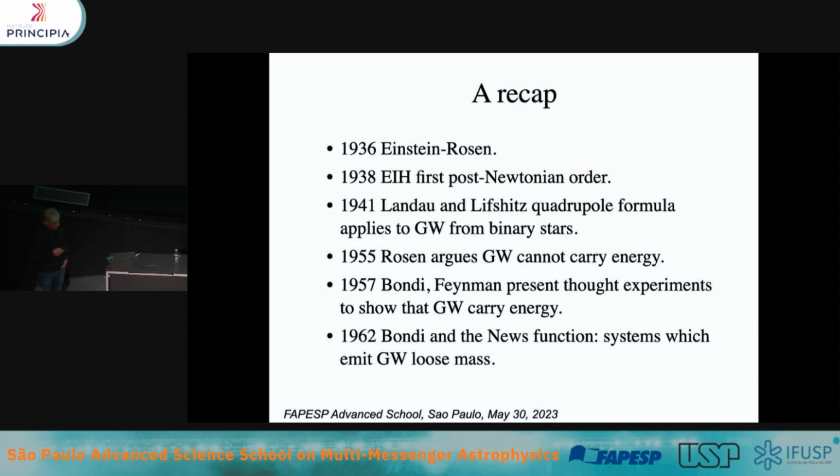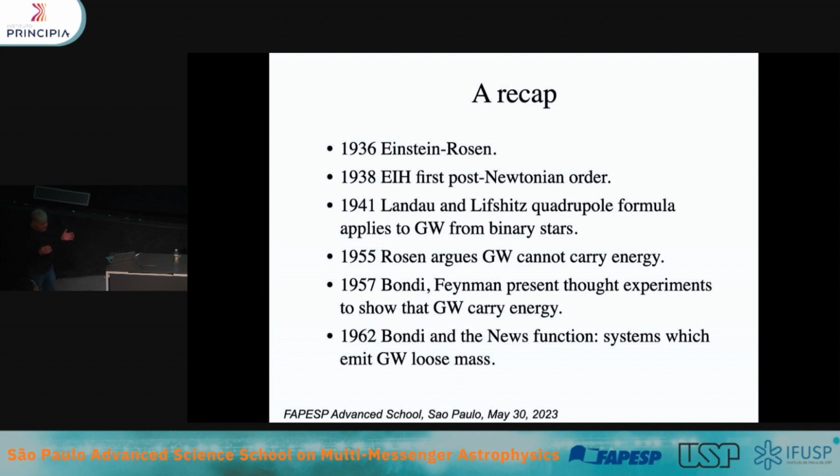Freeman Dyson, I think, also did that calculation, but for a totally different reason, and probably a bit afterwards. And in 1955, Rosen argues that a gravitational wave cannot carry energy. In 1957, Bondi and Feynman, with the thought experiment just shown, showed that gravitational waves can carry energy. And in 1962, Bondi developed this formalism.